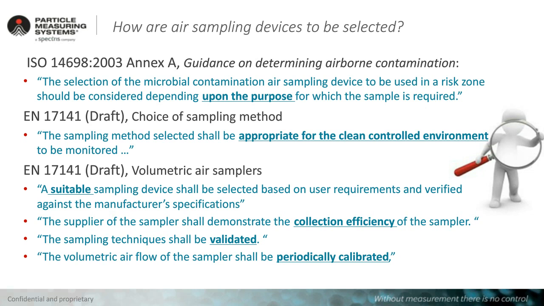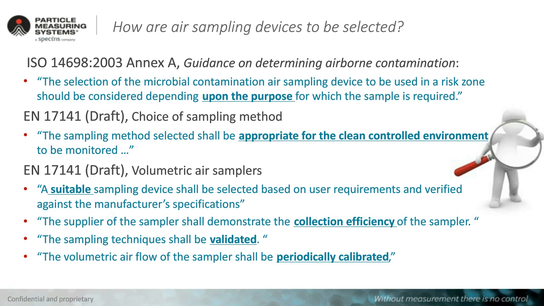So they tell us already that you need to consider the data that is generated with this and what you want to do with this data, and not only sample just for the purpose of sampling. And ISO EN 17141 tells us that the sampling method must be appropriate for the clean controlled environment to be monitored. So you need to select the sampling method carefully according to what you're expecting.